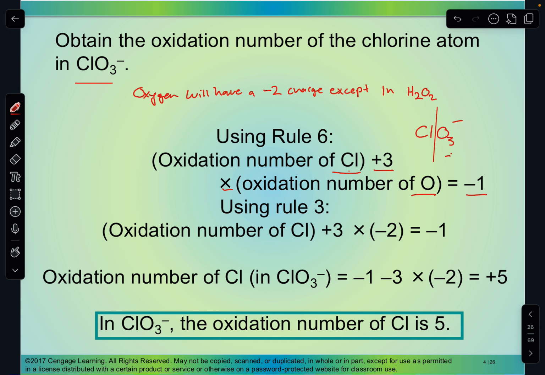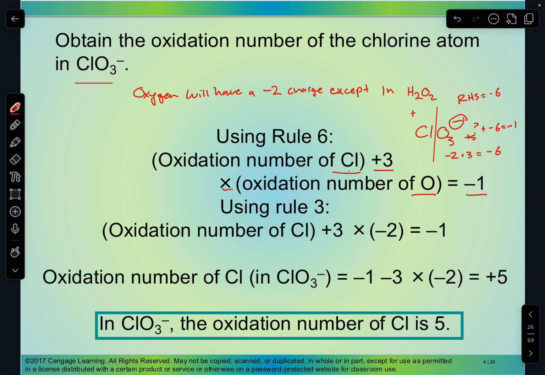Oxygen is going to have a -2, and we'll multiply that by 3 to give an overall charge of -6. And so if the overall charge on the right-hand side, RHS, is -6, we have to have something counterbalancing that, but with just enough to leave a -1. So what plus -6 equals -1? That's going to be +5.